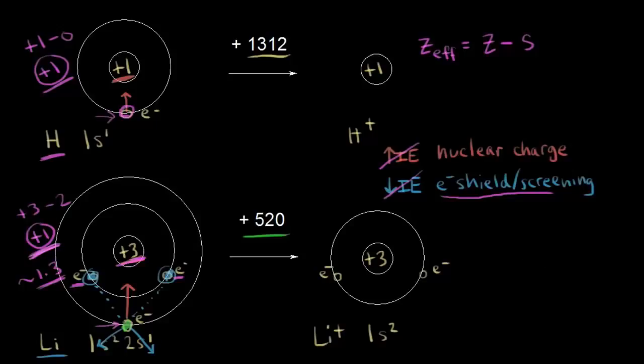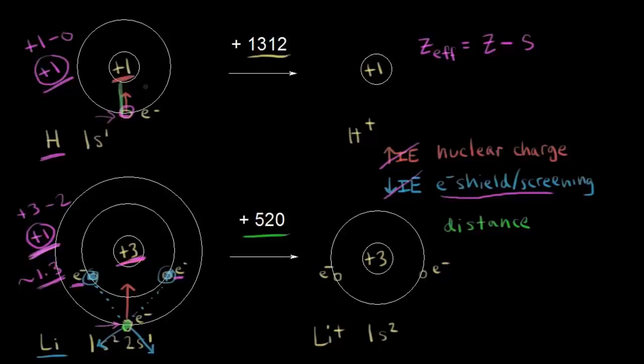And so we have to look at the last factor to understand this trend. The last factor is the distance of that outer electron from the nucleus. For hydrogen, this electron is pretty close to the nucleus, and the closer it is, the more of an attractive force it has for the nucleus. Once again, in physics, Coulomb's law is distance dependent.